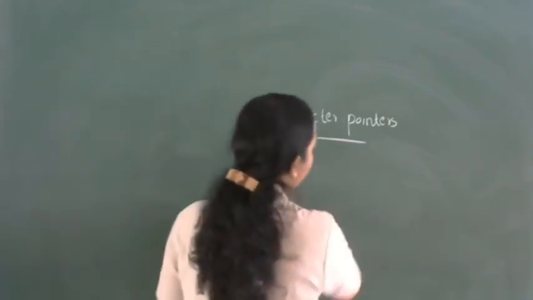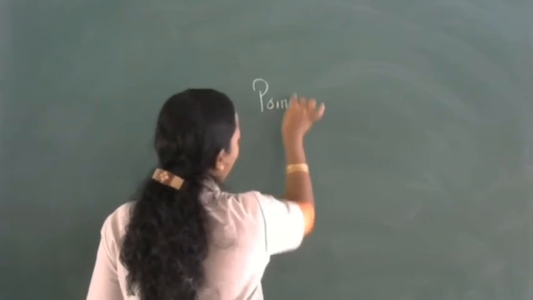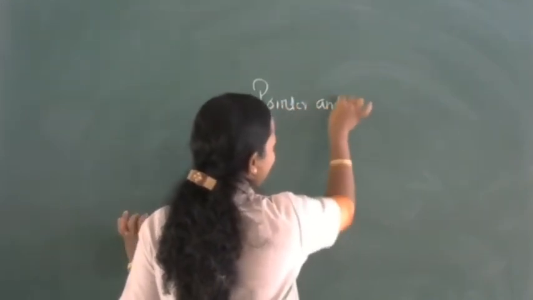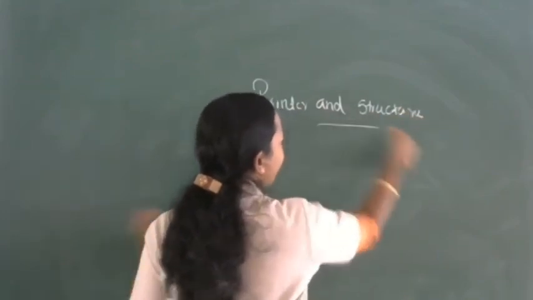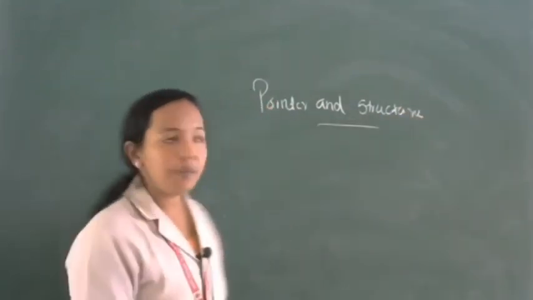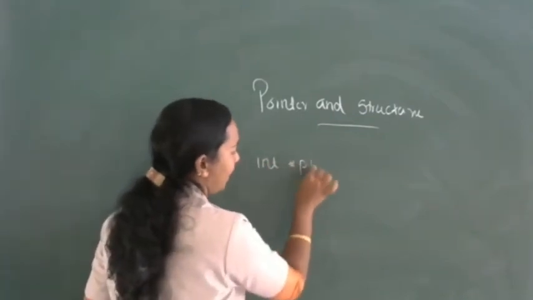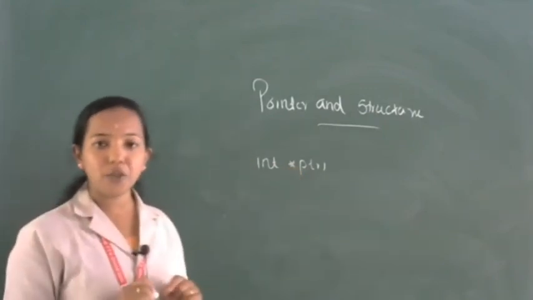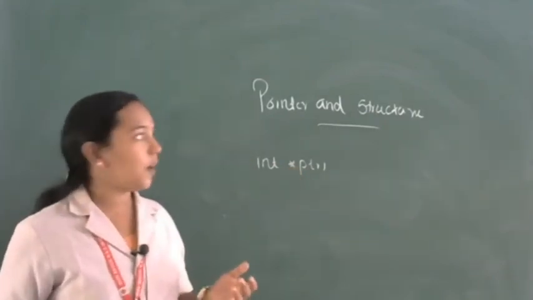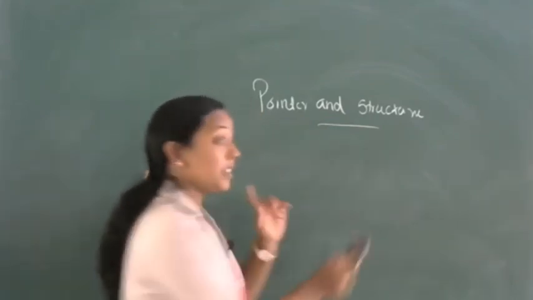Then one more concept is left, that is called pointer and structure. Pointer and structure means, here I am using an integer pointer, int star ptr1. So it's an integer pointer, it will point to an integer location. Then next one, I am going to include a pointer variable in a structure.